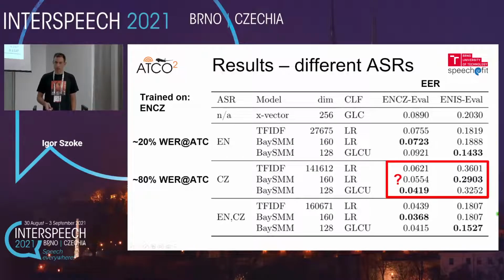So when we run the English language detector on top of the Czech ASR output, not the English, the Czech, what is very surprising is that the English-Czech pair achieved a little bit better accuracy than when it was trained on the English ASR, which may be caused by the fact that the Czech ASR is completely wrong, it just outputs garbage.